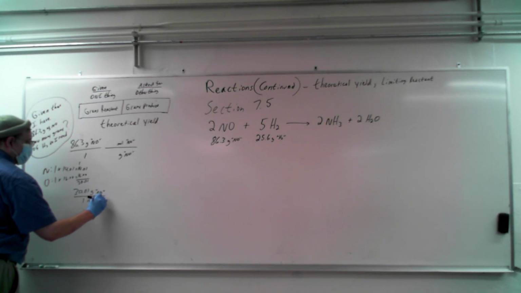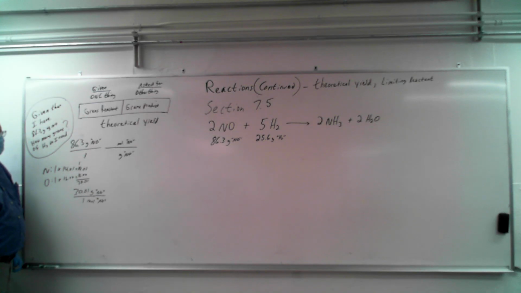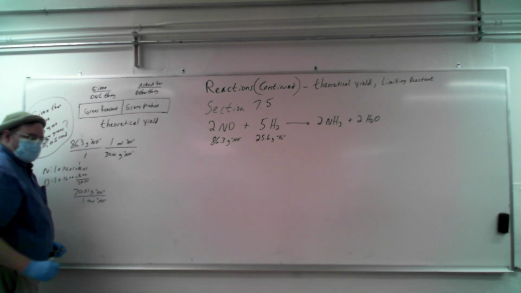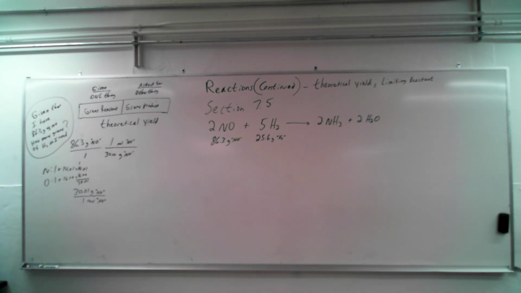First, I figure out the grams per mole of NO. That's what I'm putting here. 30.01 grams. So it is kind of a long walk. Limiting reactant is kind of a long walk.